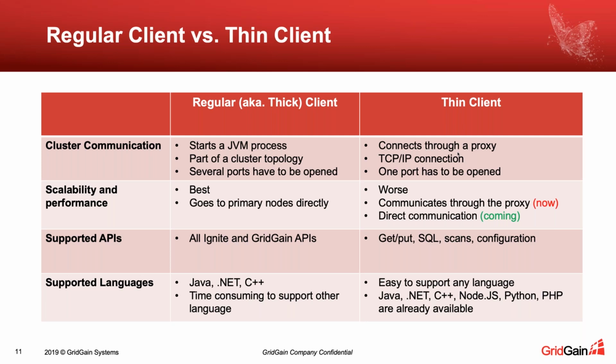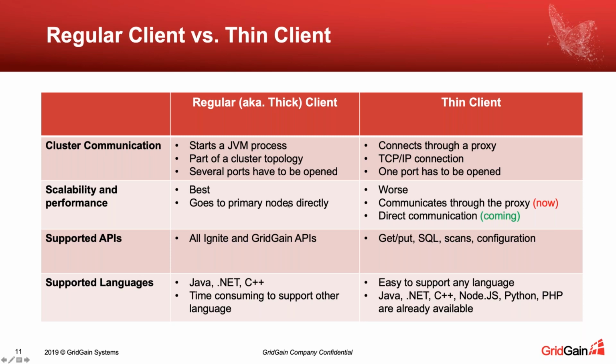When we're talking about the regular clients, those clients start a JVM process internally. So if you're using a .NET or C++ regular client, then those clients will start a JVM process internally, and through the JVM process, they will become a part of the cluster topology as regular client nodes, and they will be able to connect to any cluster node depending on the request type.